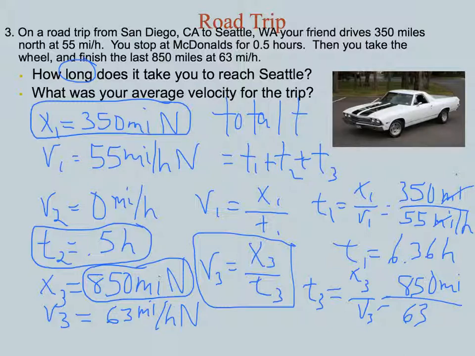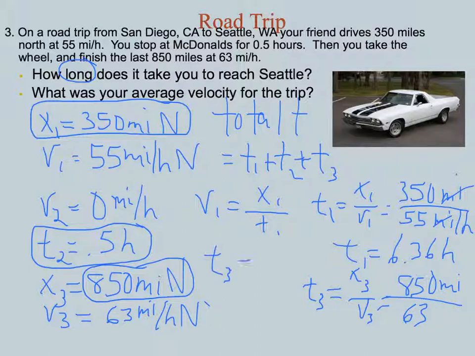So when we divide our 850 divided by our 63 miles per hour, we end up with T3 being 13.49 hours.